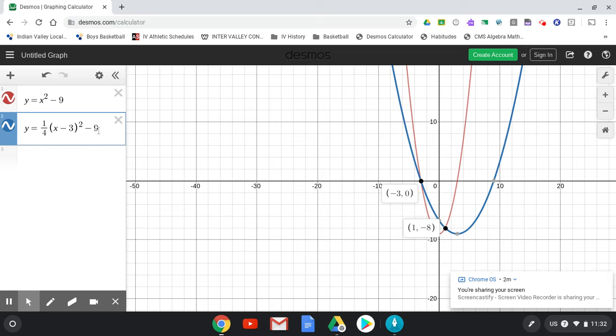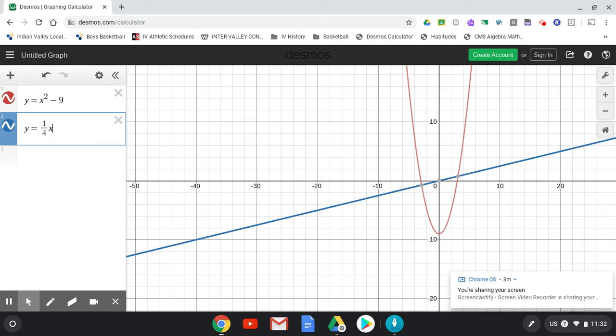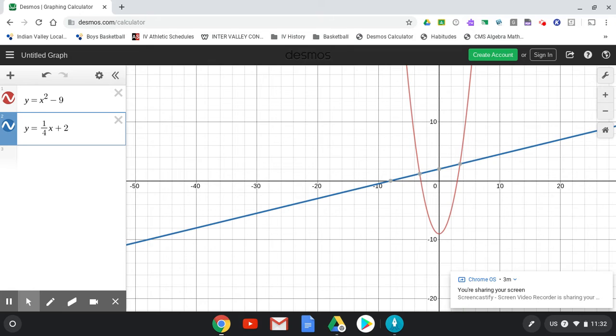I do want to point out that this is two quadratics, but I could as easily have a linear equation and a quadratic and be looking for the solutions of that system. And here we can see the solutions of this system are really crazy decimal numbers, but they still have two solutions.